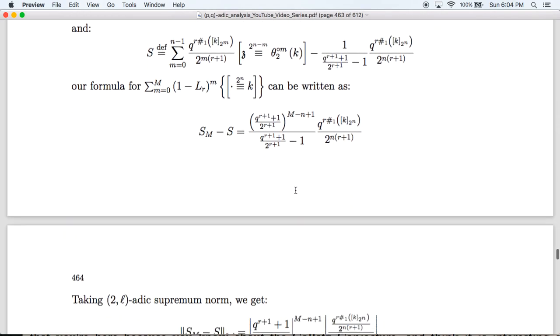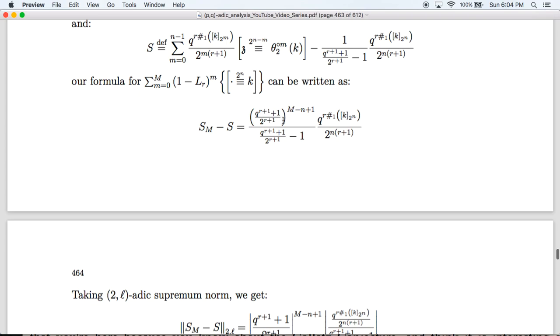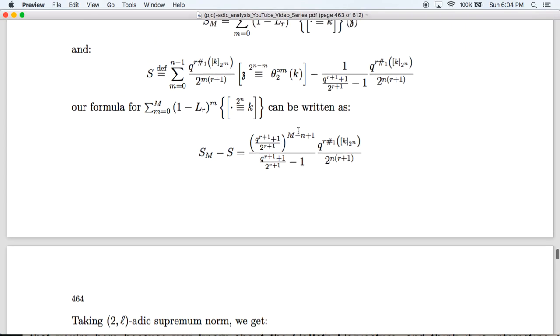Now here's where, as I said, the fun part is. This n is, again, fixed. So as big M goes to infinity, this quantity behaves like this quantity to the m.